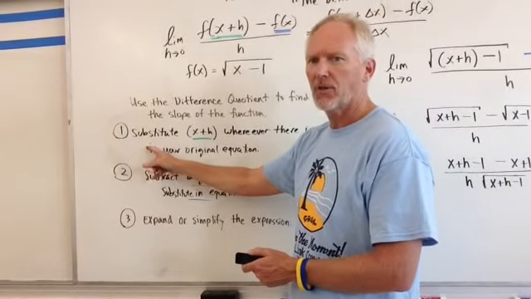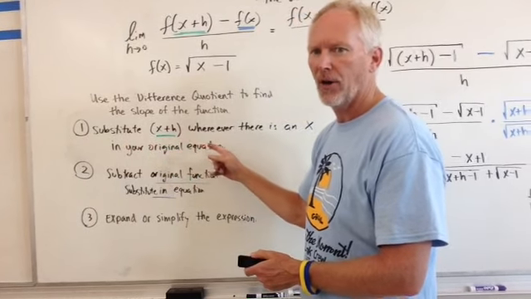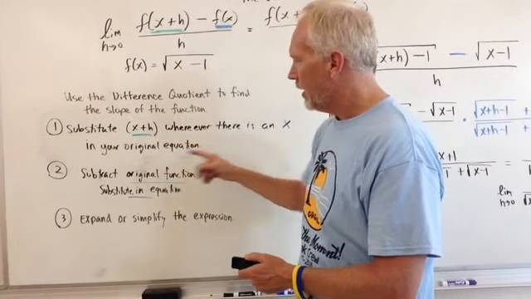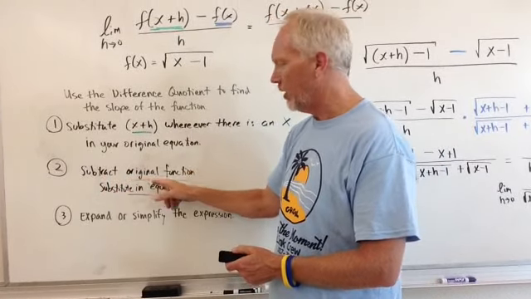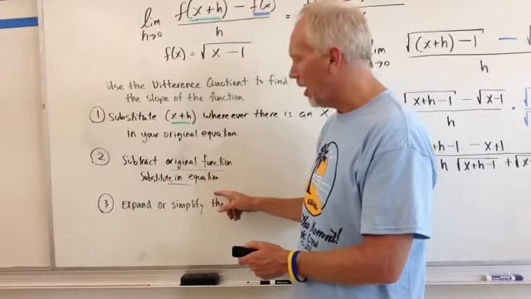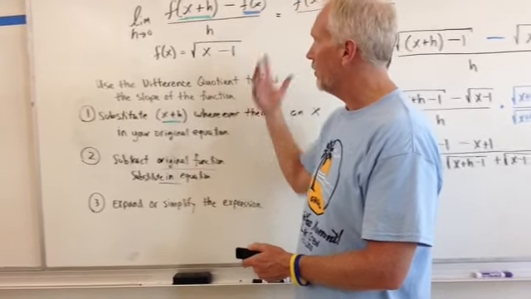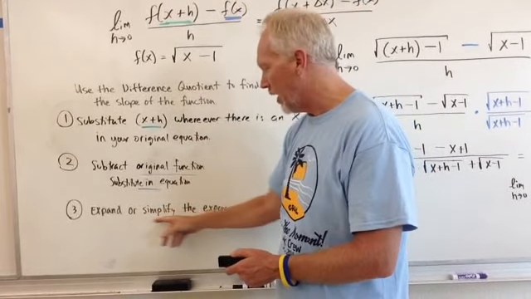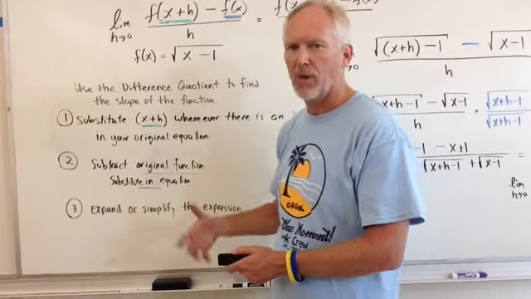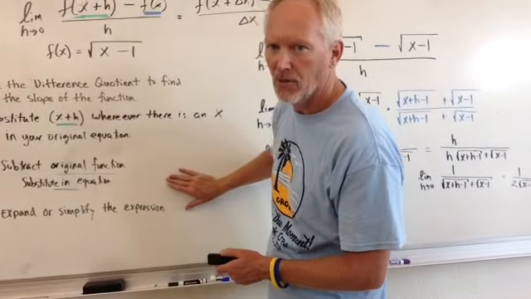Again, some simple steps: we're going to substitute x plus h wherever there is an x in the original equation, then subtract the original function, f of x, and then expand or simplify the expression so we get down to where we can take the limit as h goes to 0.